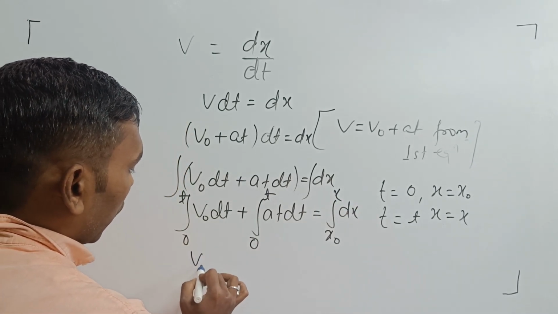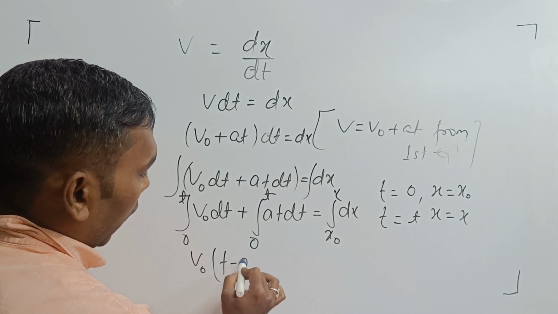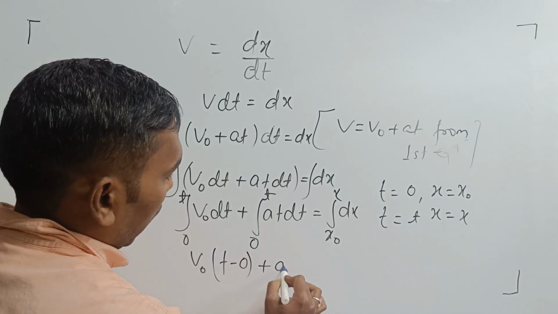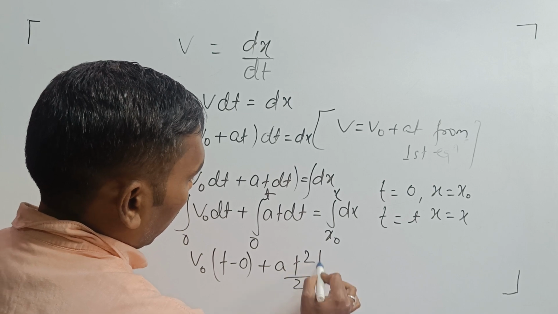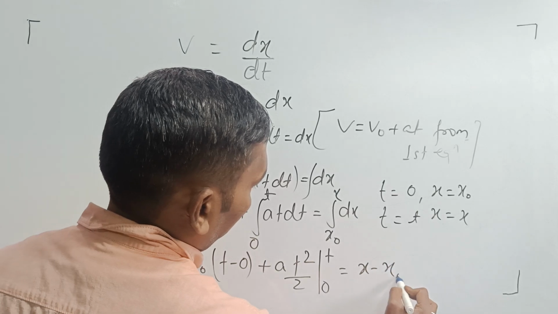After integration, we get v naught is a constant value, and putting the lower limit and upper limit, then a t square upon 2 here 0 to t equal to x minus x naught.